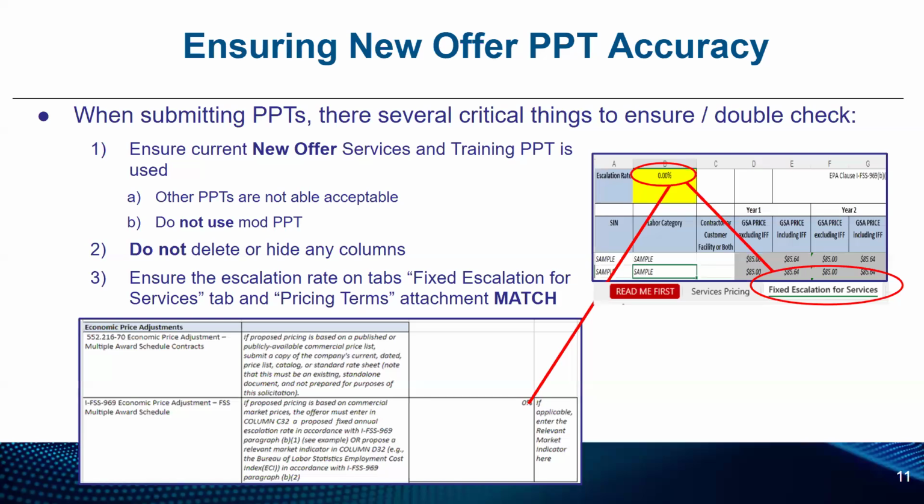If your pricing terms attachment says 15% annual escalation rate, which please don't ever have, and your escalation tab on your price proposal template has a 2% escalation rate, that's obviously going to be a cause for concern and raise some questions. So just make sure that you're putting that correctly. Or if you're offering 552-21670, then there shouldn't be an escalation rate. So just keep those things in mind.